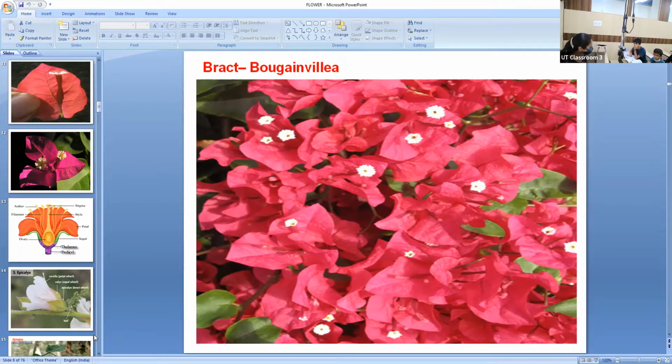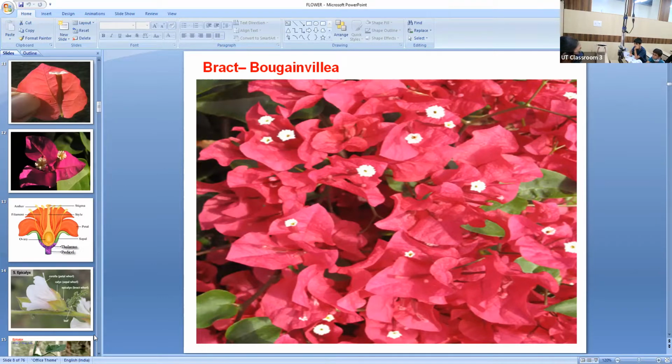So nectaries are tube-like structures present in the flower, attached to the thalamus itself. This broad region is known as the thalamus, from where the male part, female part, and the calyx all remain attached. The nectaries also remain attached to the thalamus, and these are nothing but tube-like structures full of nectar. Nectar means the sweet, watery substance produced by the cells of the flower itself.